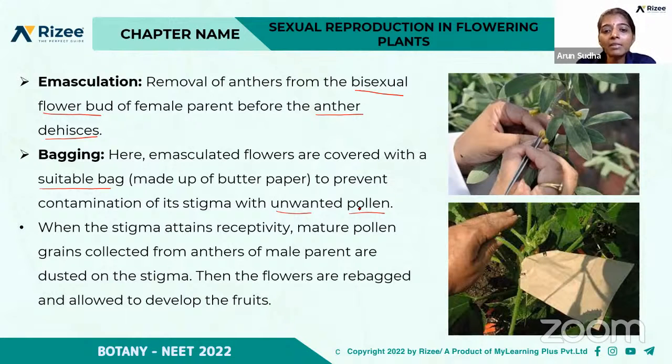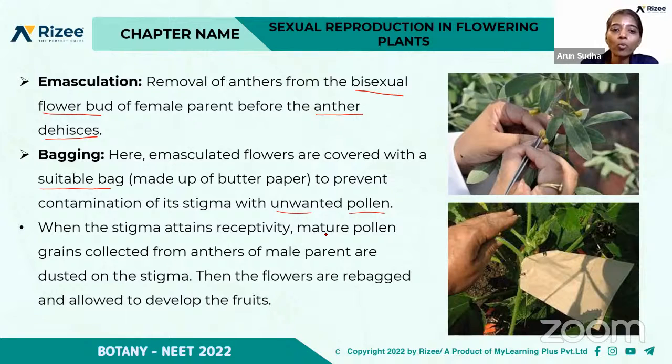Then, when the stigma attains receptivity, that is when it is in a position to accept the pollen, we collect the mature pollen with whatever characteristic features we need. That is, we decide what type of plant we want, right?